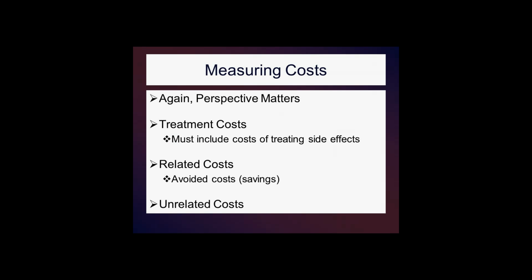So, measuring costs, what do we do? What costs do we count? If we're evaluating a treatment, obviously the cost of that treatment matters. If I'm looking at warfarin, it's not just the cost of the drug, it's the cost of regularly doing coagulation studies, all this sort of stuff. And related costs, right?